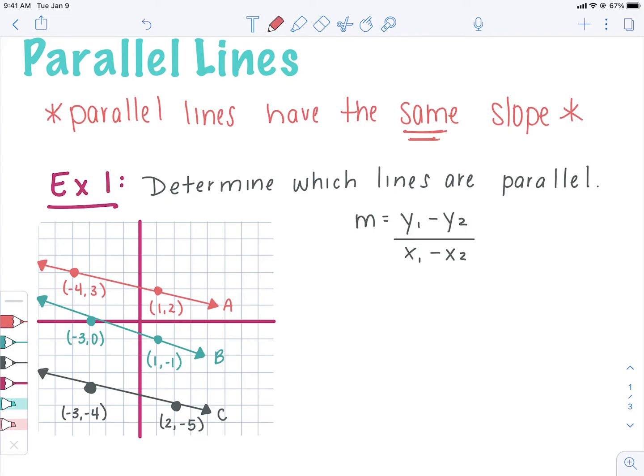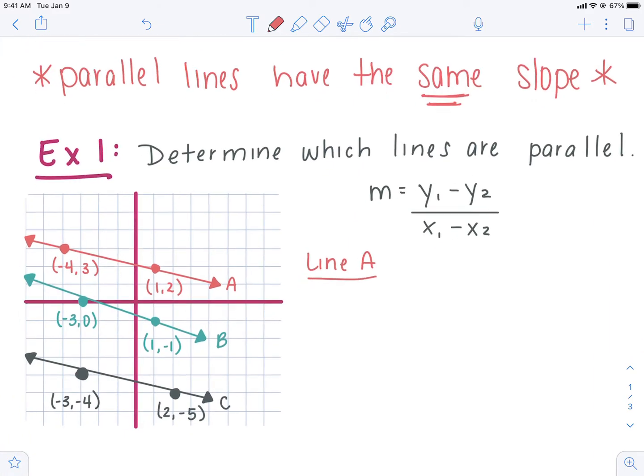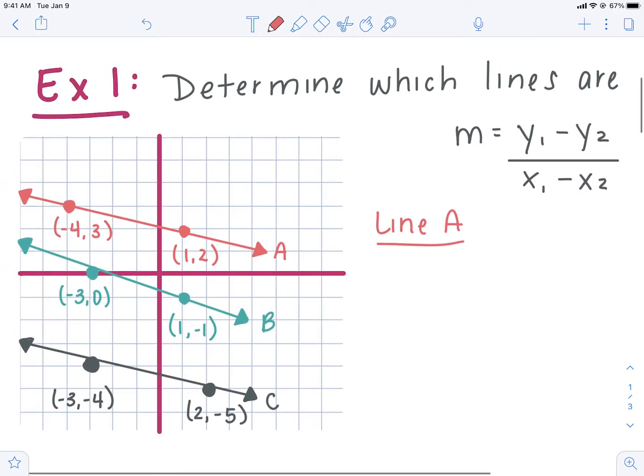So now I'm going to use my first color, and let's find the slope of line A. And in order for us to do that, we want to use the 2 points that they gave us, that -4, 3, and the 1, 2, and we just want to find the slope. So I see that my first y value is 3 minus my second y value, which is 2, over my first x value minus my second x value.